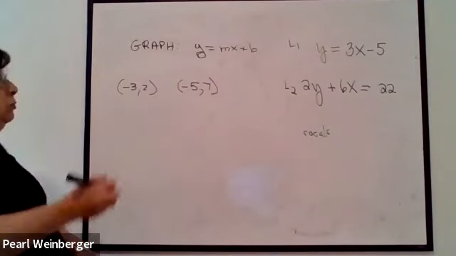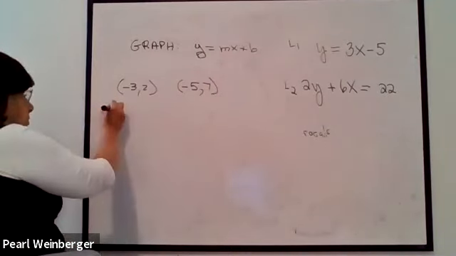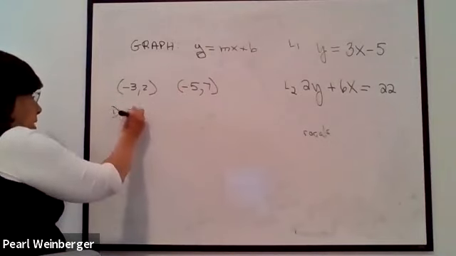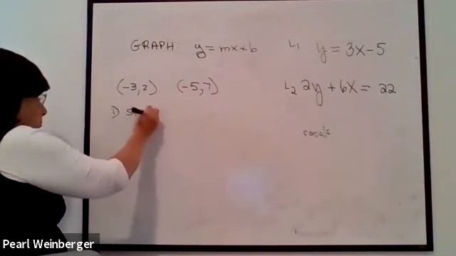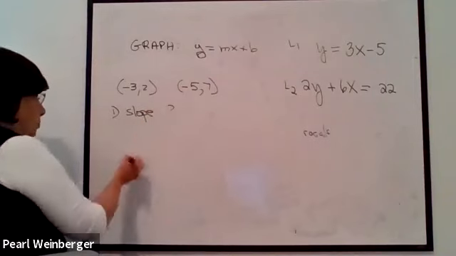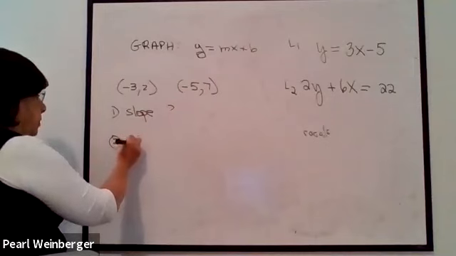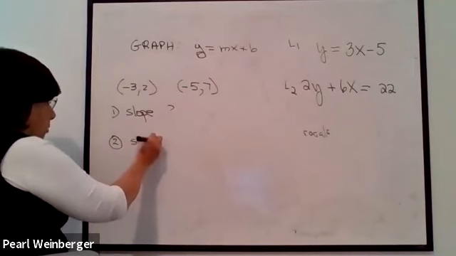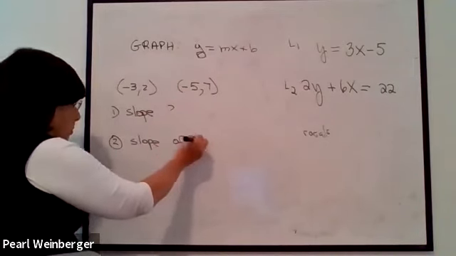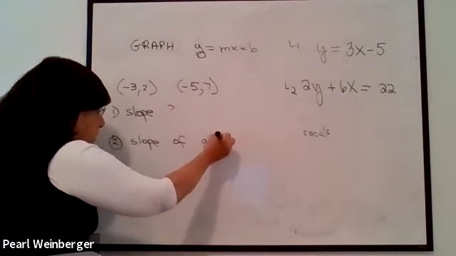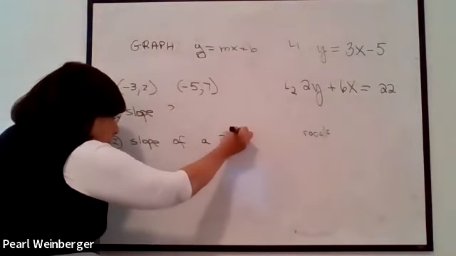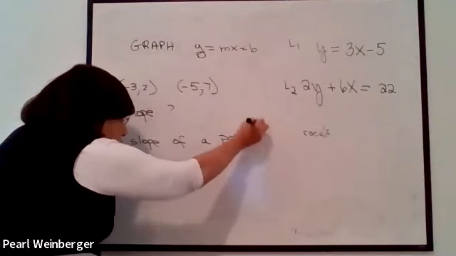What I'd like you to do is first find the slope. Second, find the slope of a line that's parallel to this line.